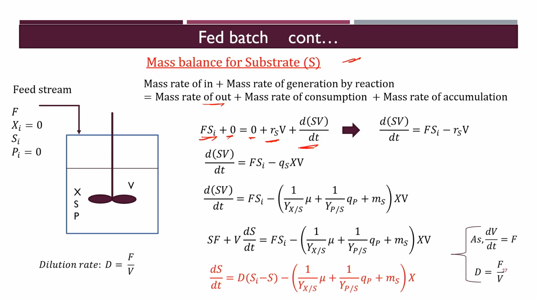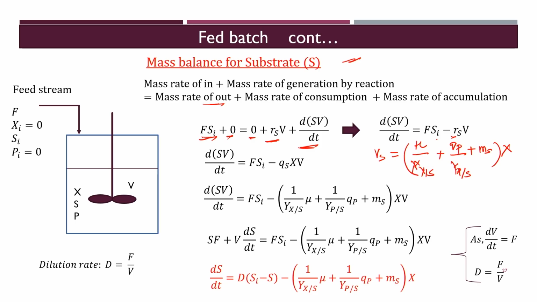So, we will end up with d(SV) upon dt equal to F SI minus Rs into V. And if you remember, the rate of substrate utilization Rs: it is being utilized for the biomass, so it becomes mu upon Y x upon s. It is also going for the product formation, qp upon Y p by s, and some part of substrate is utilized for maintenance, ms into x.